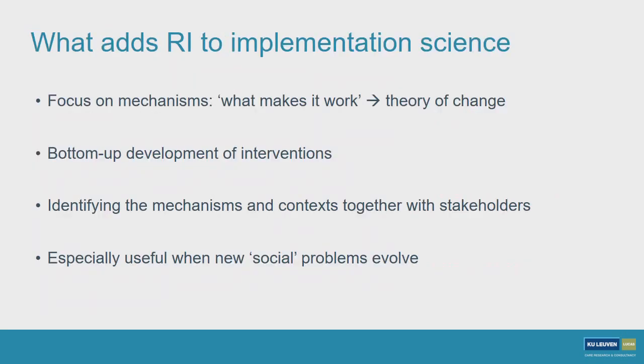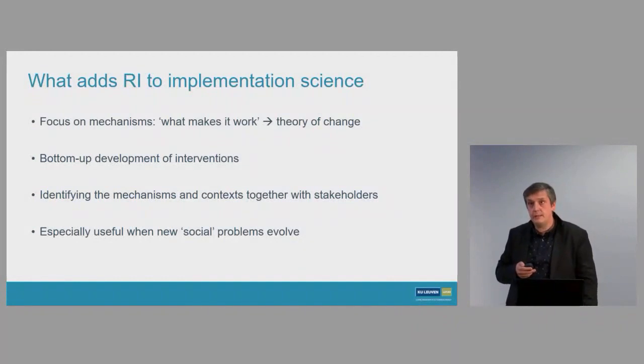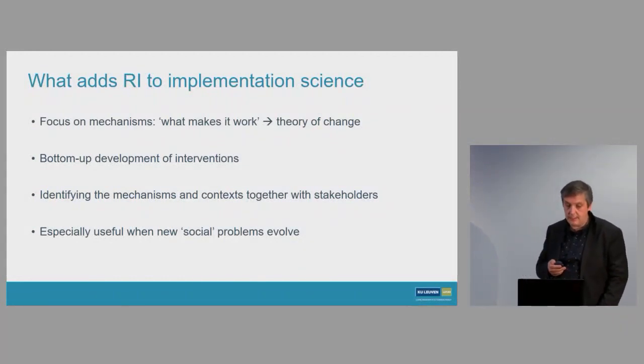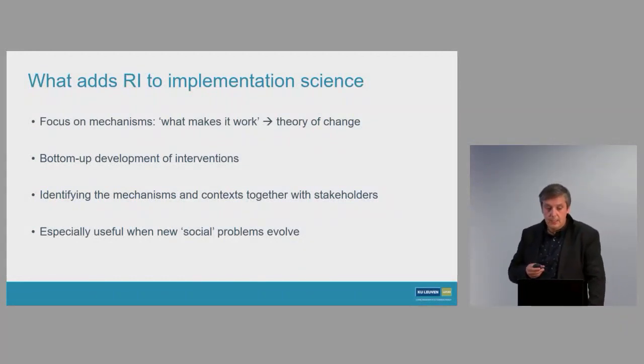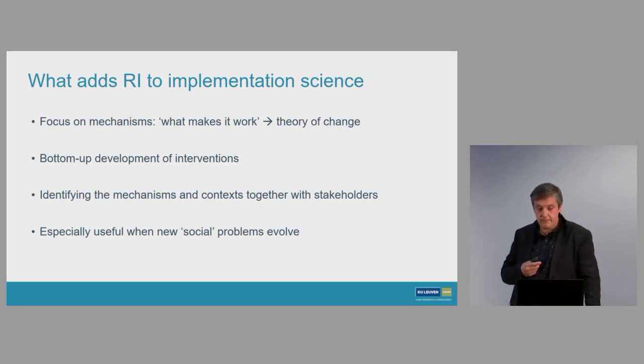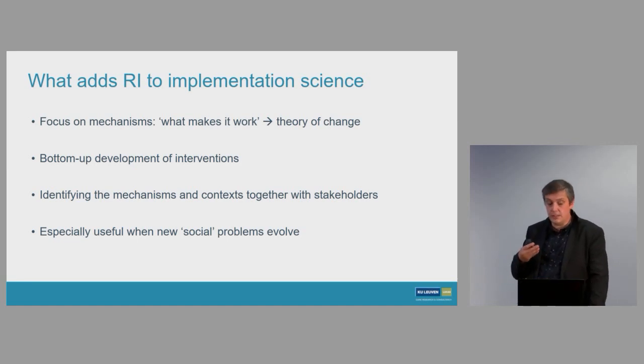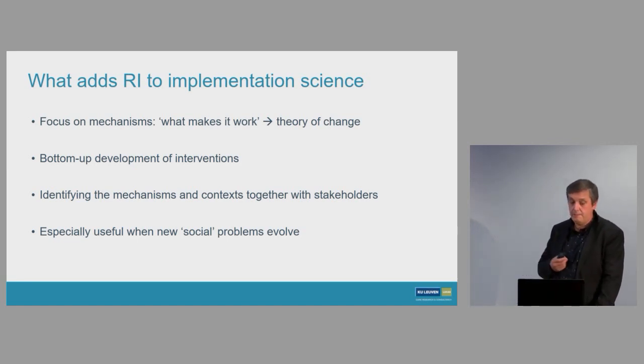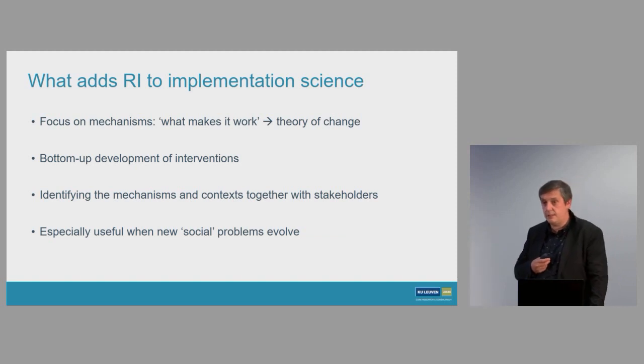So in general, what realist evaluation adds to implementation science is that it focuses on mechanisms. It focuses on the question, what makes it work? What is the underlying theory of change that causes these changes? Realist evaluation is also interesting because it permits developing interventions bottom-up.